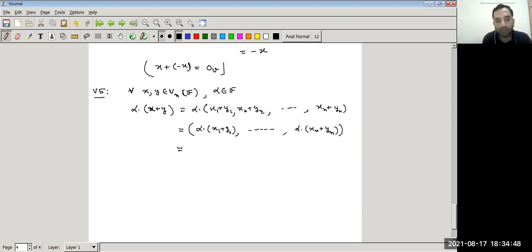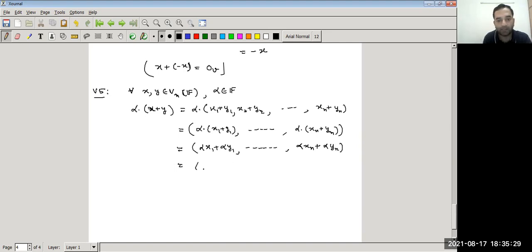So alpha into (x1 plus y1) is nothing but alpha x1 plus alpha y1. There is no need to write dot because this is the operation. So we can write directly alpha x1 plus alpha y1, and similarly alpha xn plus alpha yn.